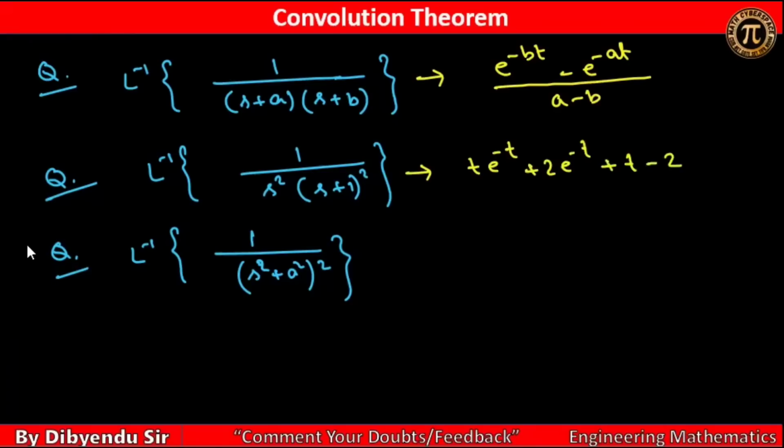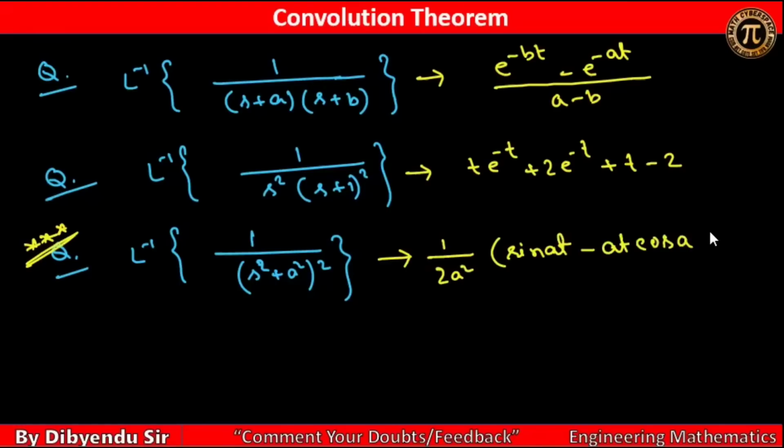And this question will be lengthy and quite difficult. Okay, try to solve it. For this question, the answer will be 1 by 2a square into (sin at minus at cos at).